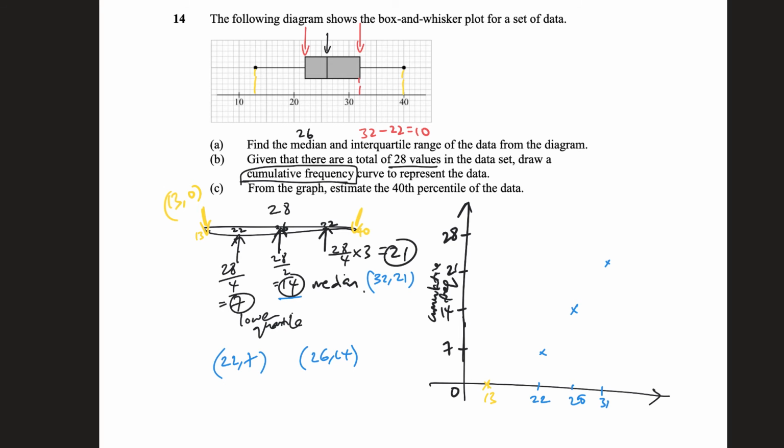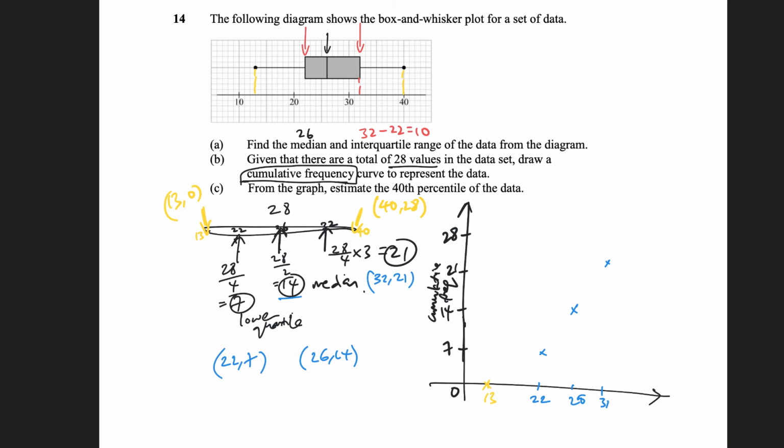That means if you count 1, 2, 3, 4, 5, 6, 7, this is the 7th point. The 14th is the middle one, the 21st is the upper quartile, and then the last value is the 28th value, and the number is 40 over there. So really, I'm plotting the point 40, 28.